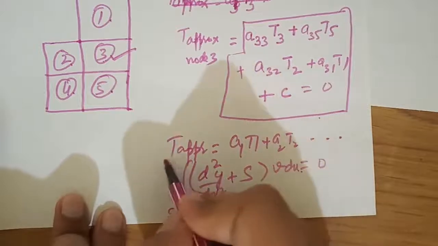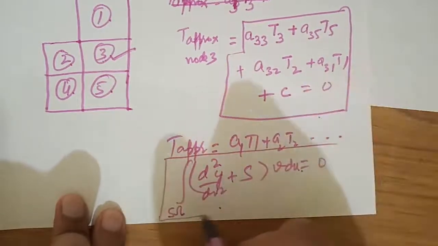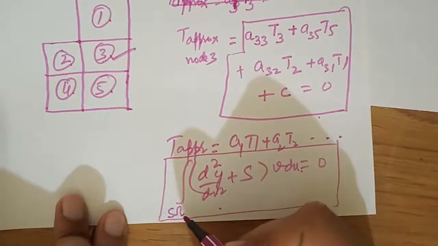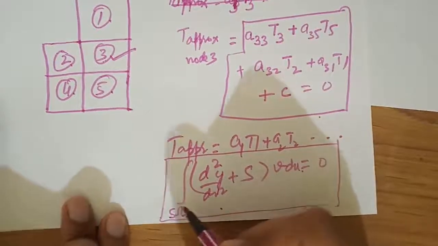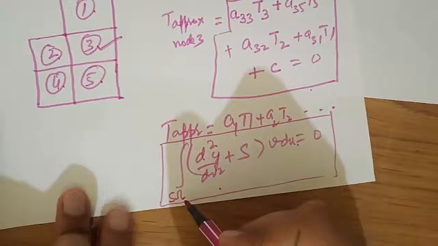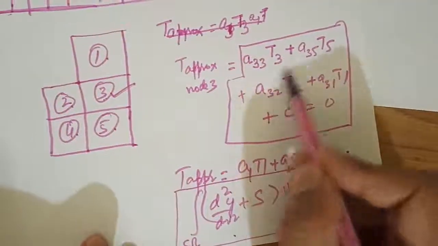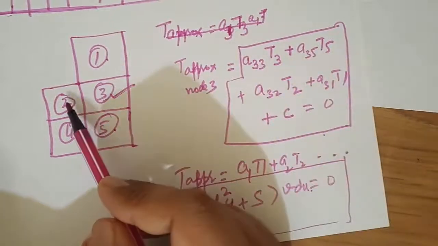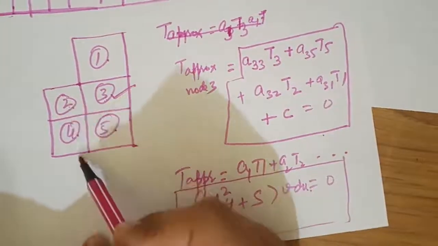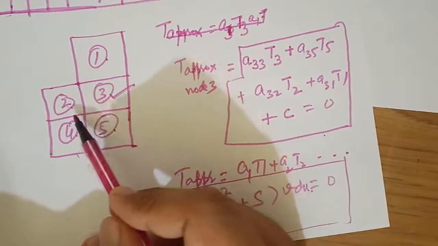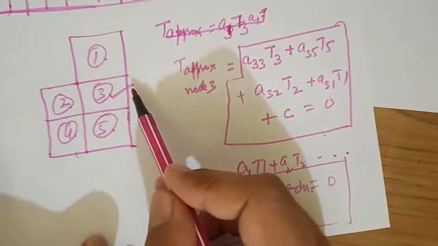That is, this integral is now calculated for each subdomain. Now this is not the entire domain but the subdomain. Likewise we will have such algebraic equations for each other node, that is 2, 4, 5, 1, depending on how they are connected to their neighboring elements.